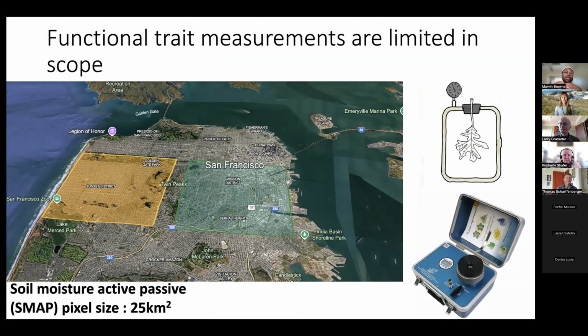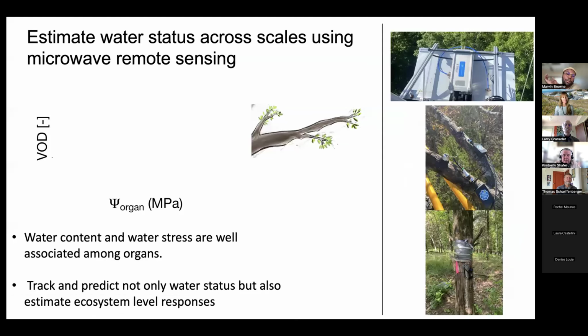in how plants are doing. So that's what I've been working on at Stanford: trying to use metrics that we have of water status at larger scales on a smaller scale, and to correspond measurements of water status to that specific measurement. In this case, it's called VOD, which is the vegetation optical depth, which is just a thickness of water.